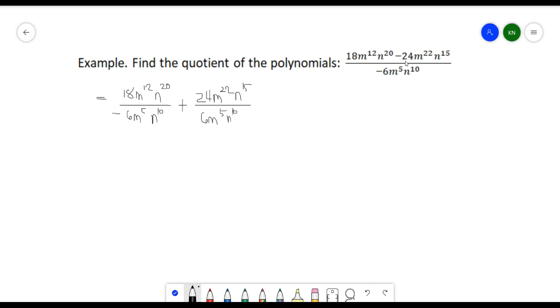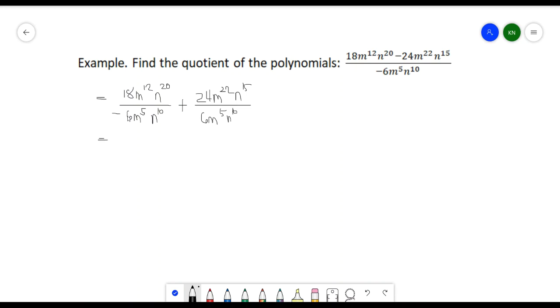So basically just copy the denominator. What we just did here is separate the numerator, having the same denominator. So performing the quotient of a power under the laws of exponent discussed from the previous video, we can already find the quotient of these polynomials.